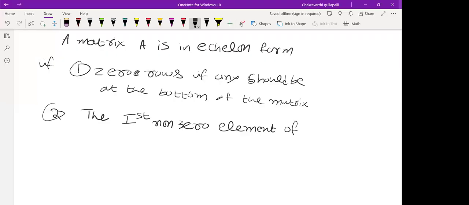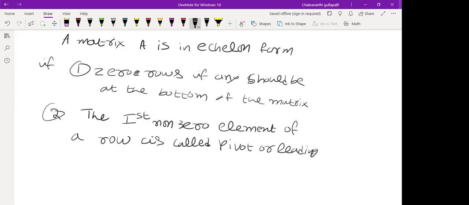It is also called the leader or leading element of that particular row. So a pivot or leader is defined for every row.